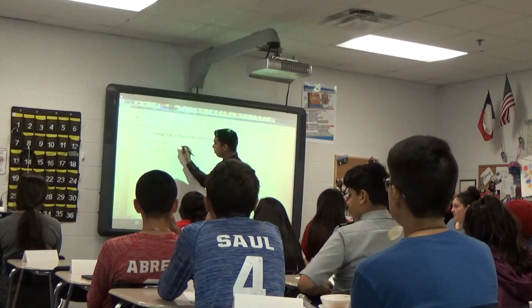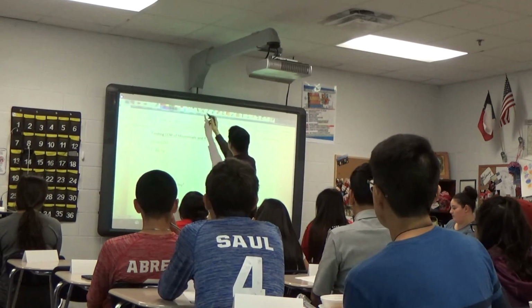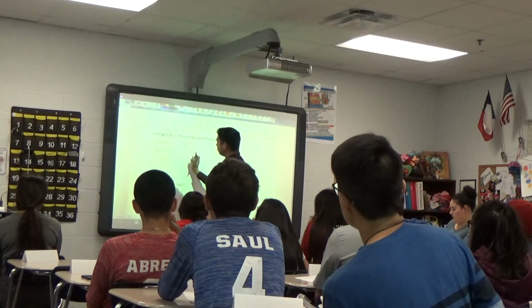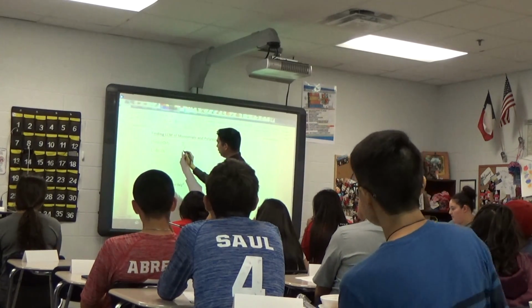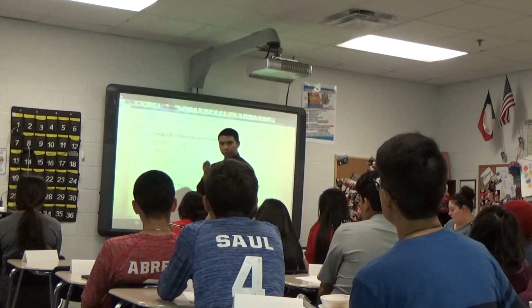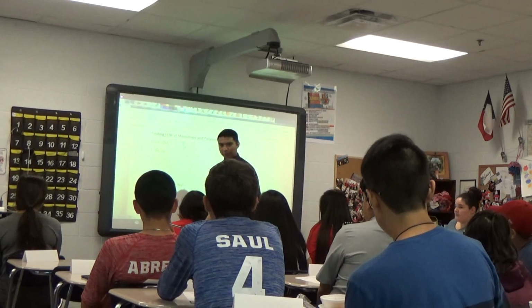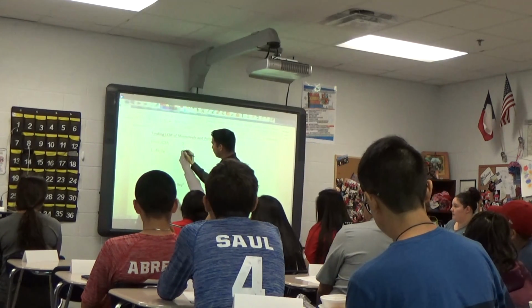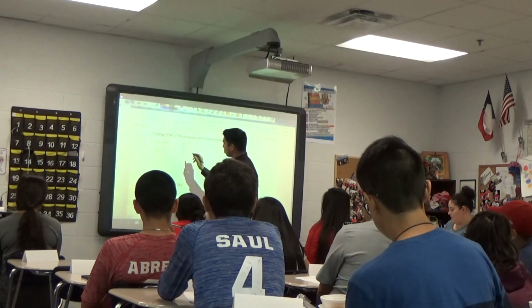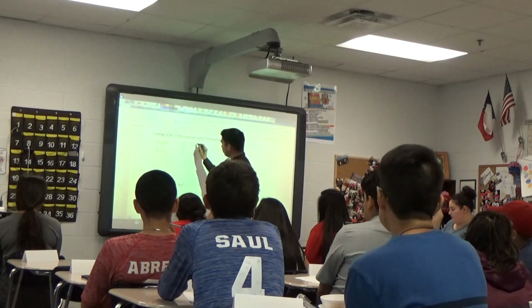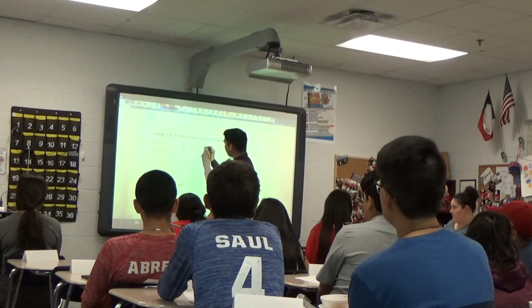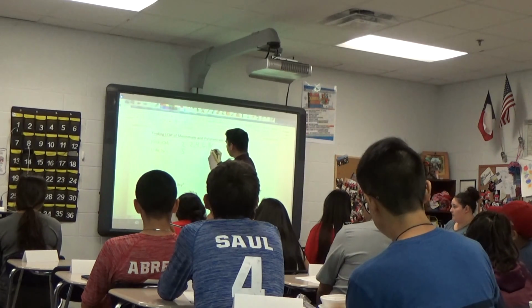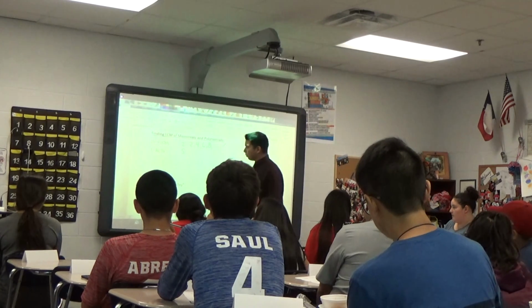one. So let's say we have 2 and give me a number. 5? Okay, 2 and 5. The multiples of 2 are 2, 4, 6, 8, and so on and so forth.